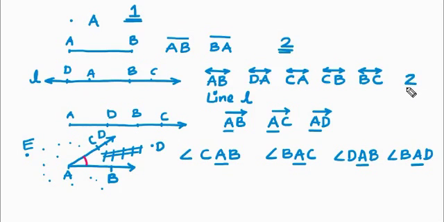For a line segment, for a line, or for a ray, we are using two letters, and for an angle we use three letters. Sometimes this is also called angle A, but that's very rare, and I think you should get into the habit of calling it with three letters.